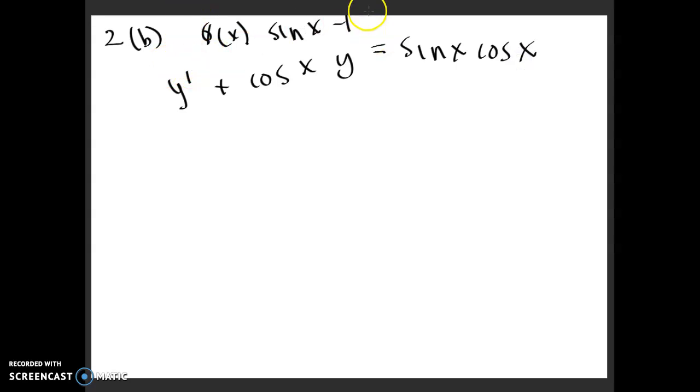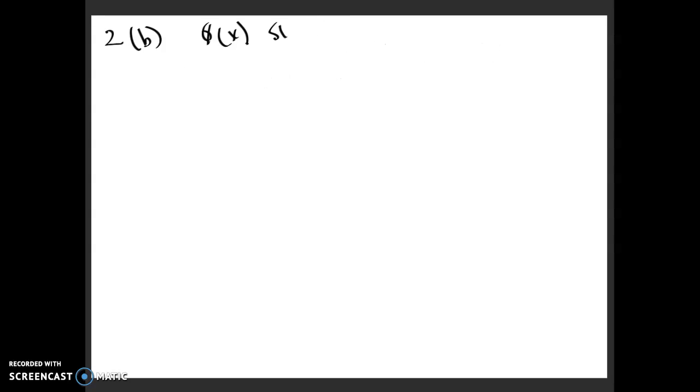Sorry guys, this is way too similar to the first one we did, so instead of this, let me do something else that looks somewhat different. So instead of B, let's do E.